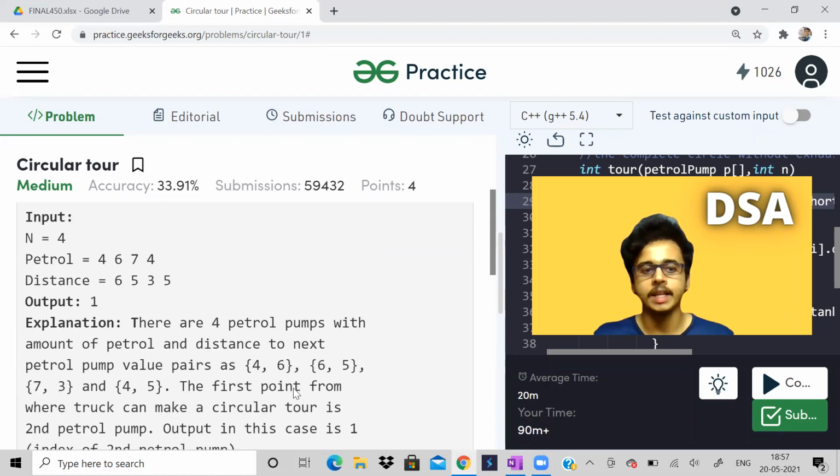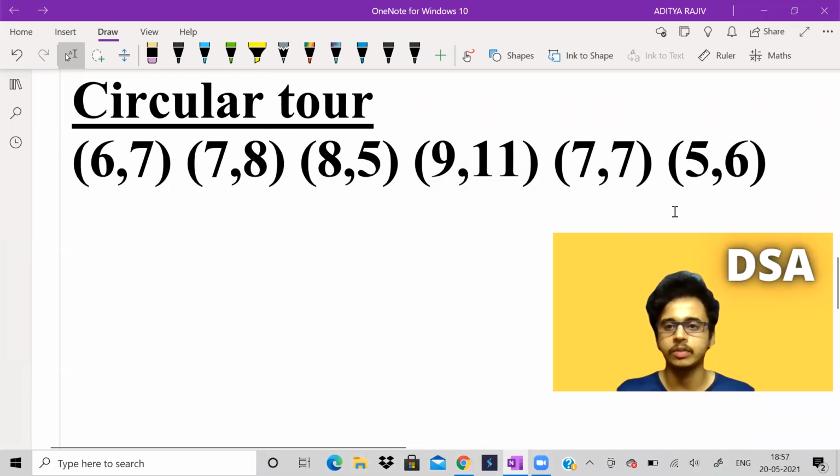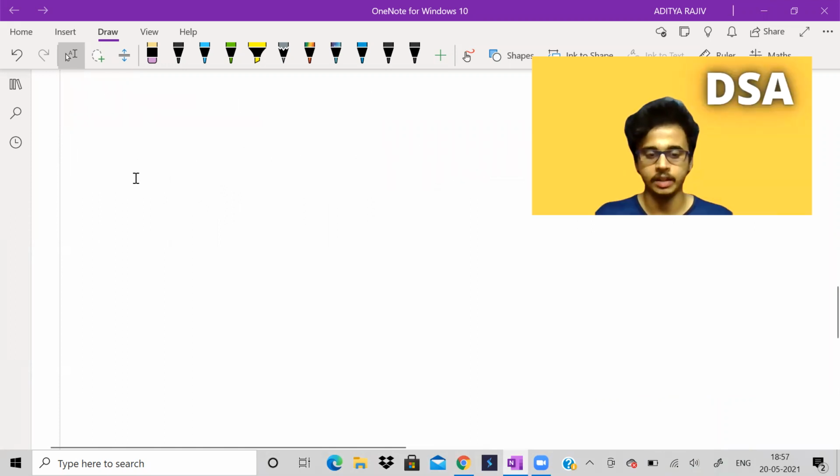So let us take this test case example and see what they are saying. I have written some coordinates over here, this will be the second example. Let us take the test case example only.